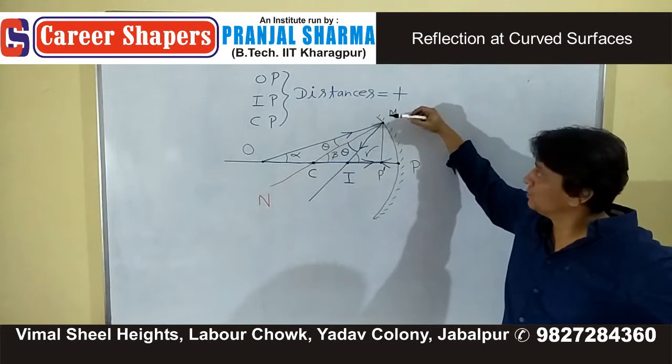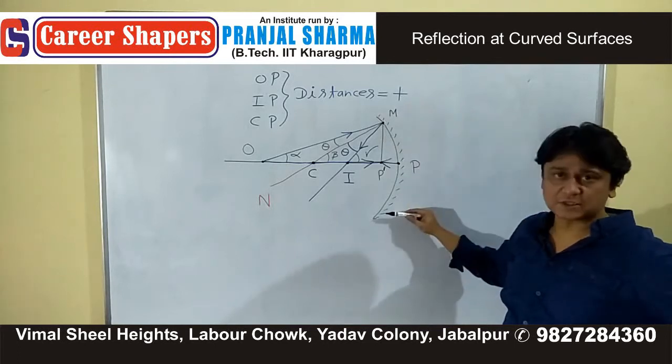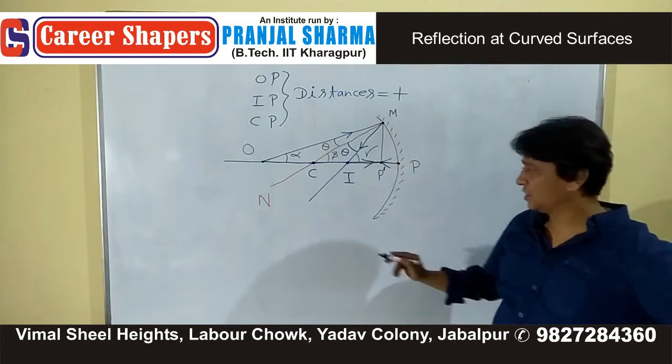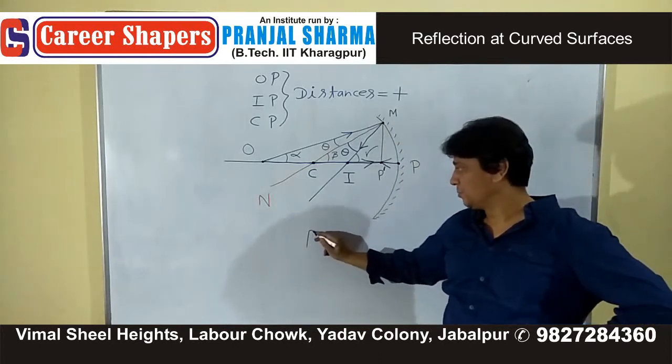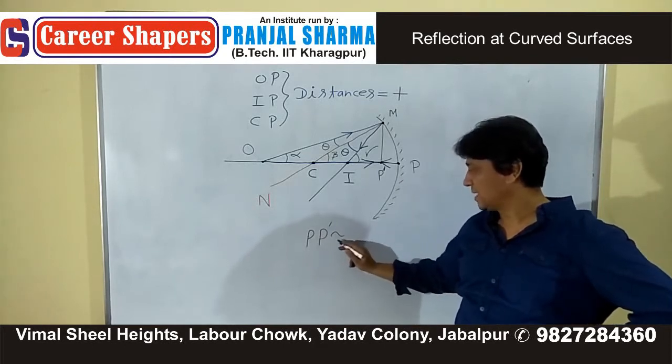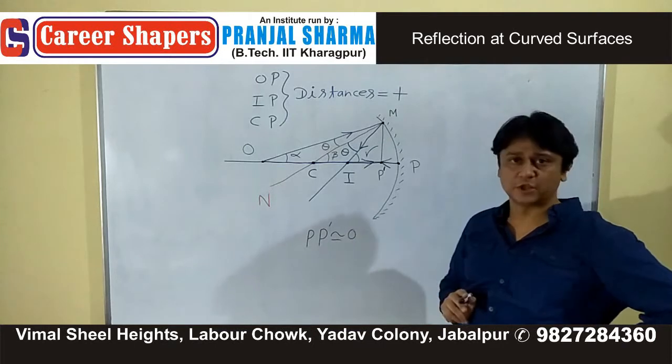But as I told you, this aperture size is very small. If it is very small, then we can say that PP dash is approximately 0.